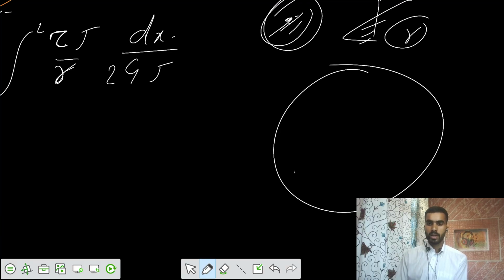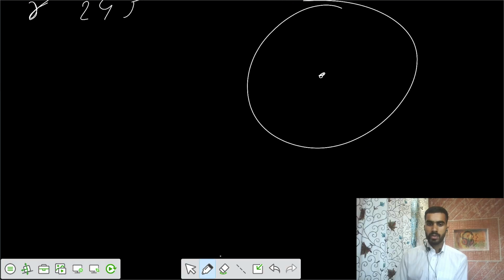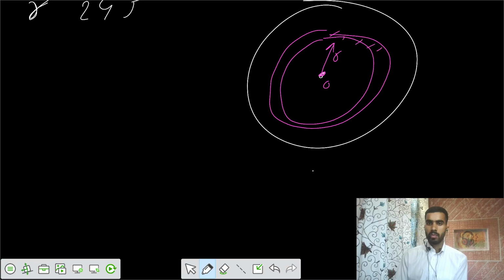So you take that shaft, there is some center O. You go from center O to some value of r, and you take some small strip of thickness dr. Because your tau is varying along r, you have to take the strip at a particular r.